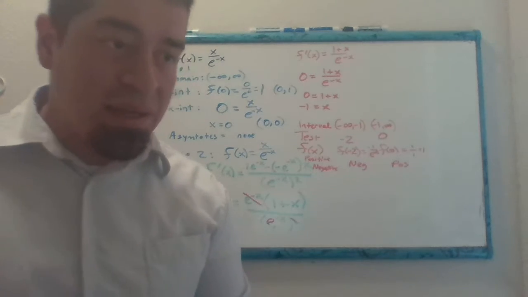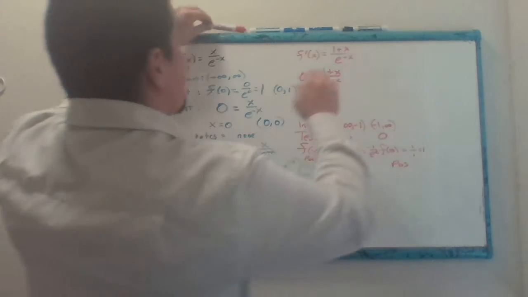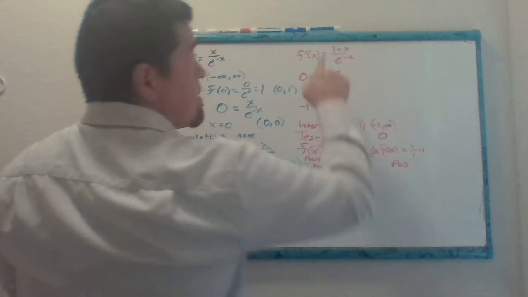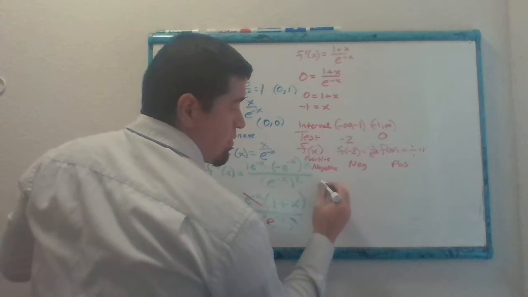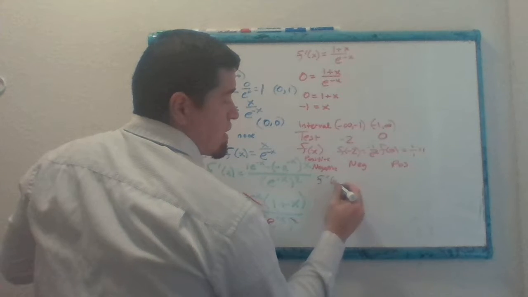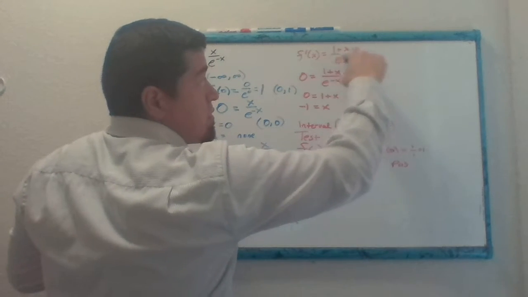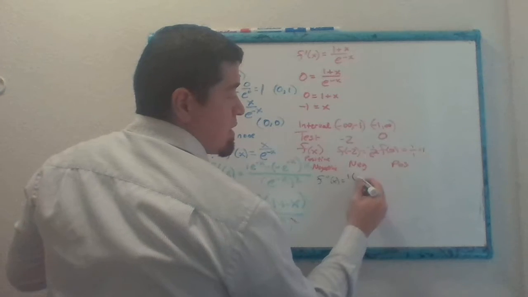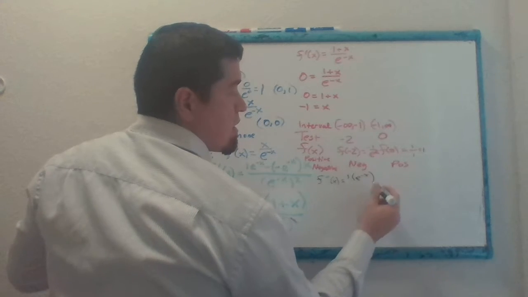We're going to do the same thing, but now for the second derivative. So for the second derivative, I'm going to take the derivative of this. The derivative of the first, the derivative of 1 plus x, is just 1, times the second unchanged, e to the negative x.